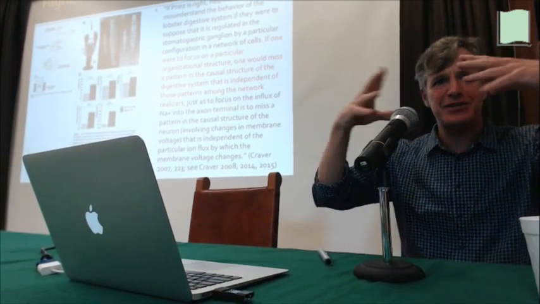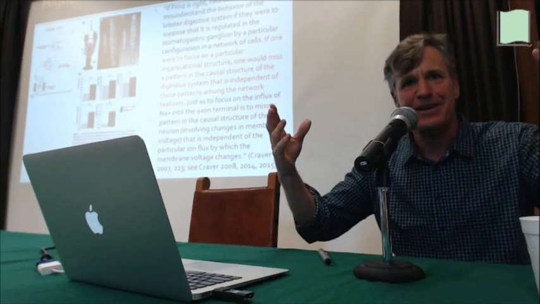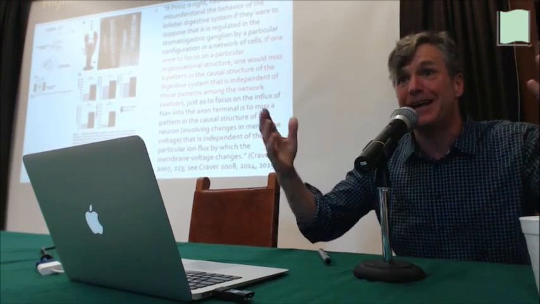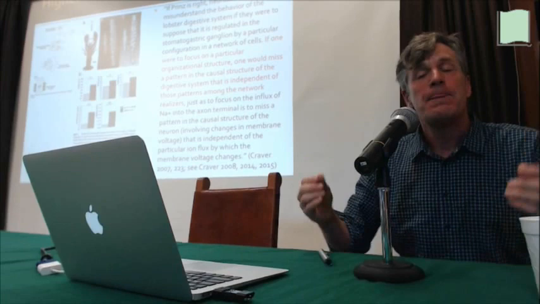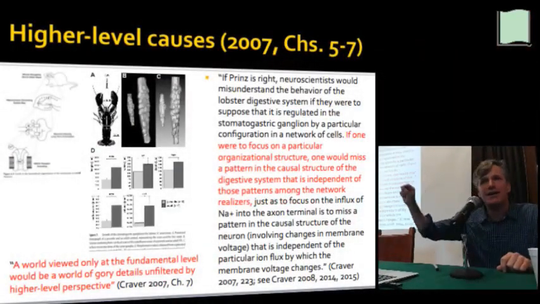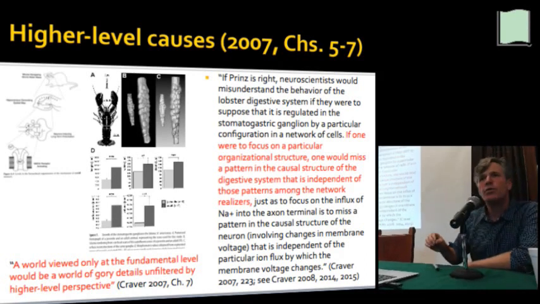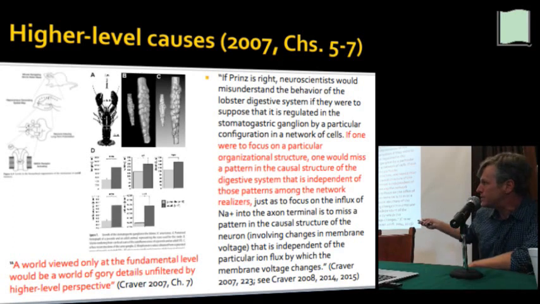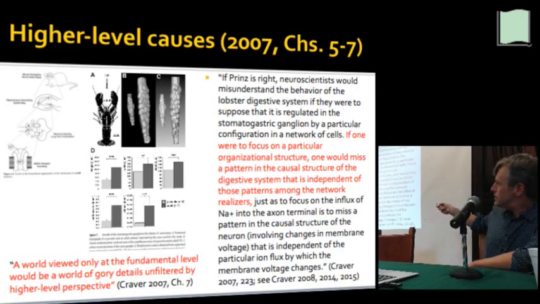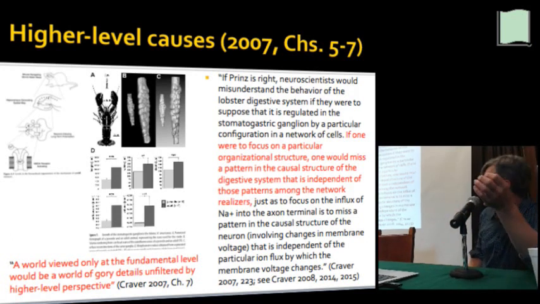500,000 different ways of connecting the cells. None of those particular patterns of connectivity are required for the stomatogastric ganglion to regulate the pyloric rhythm in the lobster. What matters is a general pattern in the organization of these things. So, as I said a long time ago, if one were to focus on a particular organizational structure, one would miss a pattern in the causal structure of the digestive system that is independent of those patterns among the network realizers.